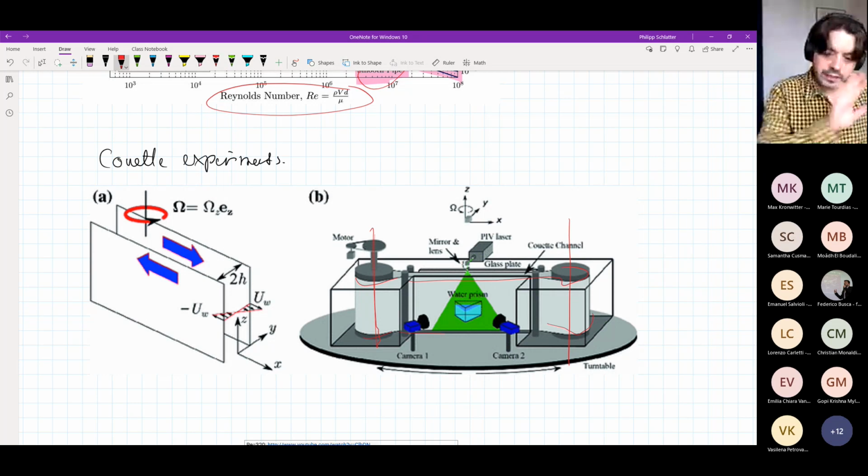So that means that the belt goes on one side in this direction, and on the other side it goes into that direction. And if you put this into an aquarium of water, so you fill these cubes here with water, then of course the belts introduce the couette flow motion that we discussed.